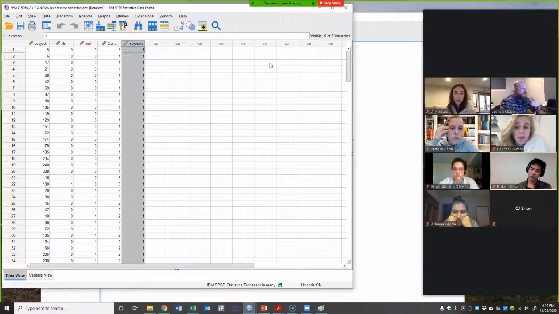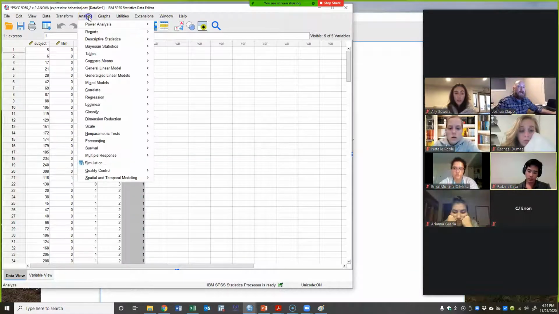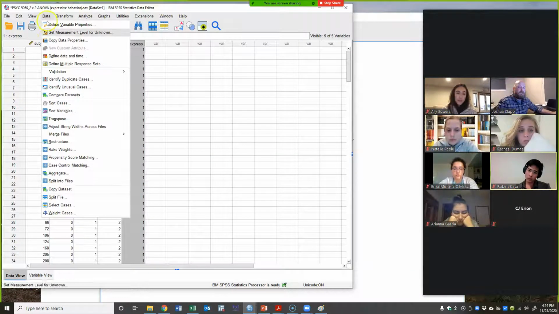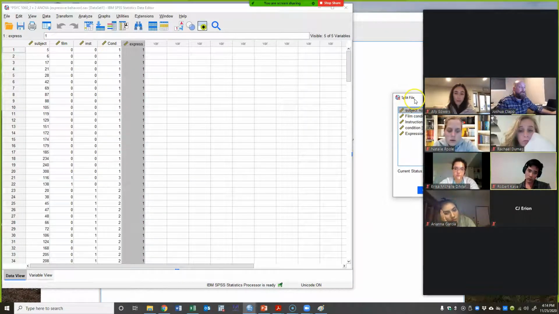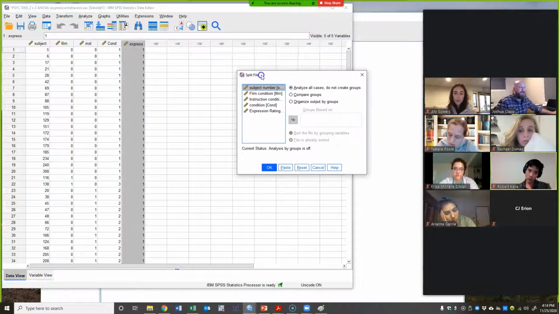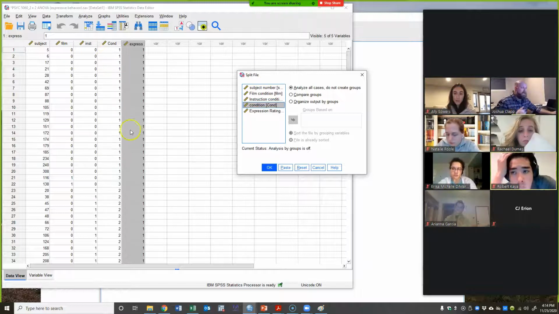So what I want to do is make sure that when I'm looking at this, I'm looking at the distributions within each one of my groups. Okay, and so what I'm going to do is go to data, go to split file. In my split file, I'm going to go down to this condition variable that I've already created, which has just each one of my cells.